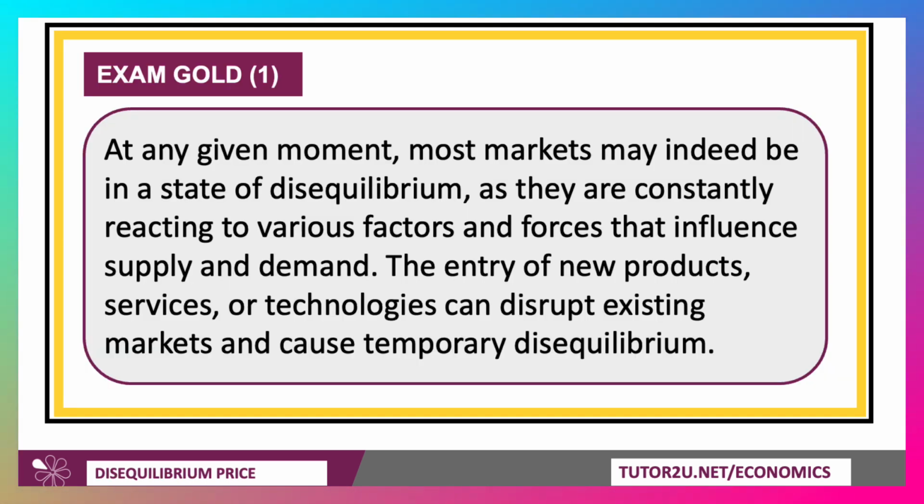Now, at any given moment in time, most markets, I would say, in fact, nearly all of them, may be in a state of disequilibrium. The equilibrium is constantly changing anyway, and markets are reacting to various factors and forces that influence supply and demand. The entry of new products, new services, new technologies can be a key factor here, disrupting the existing market and creating a temporary disequilibrium.